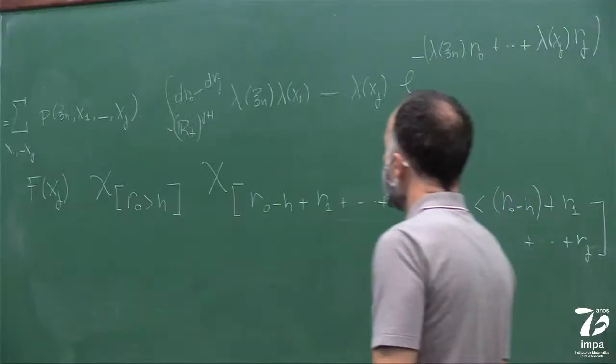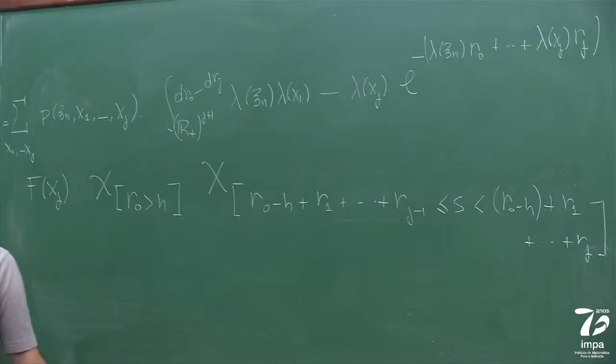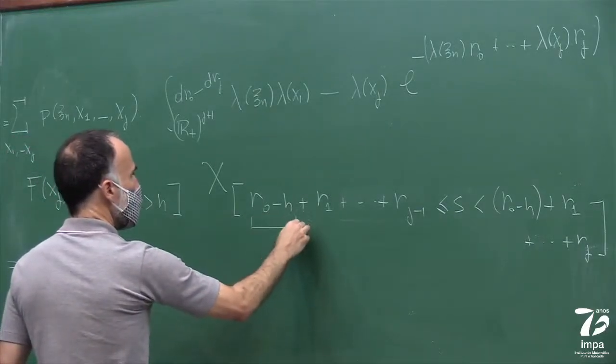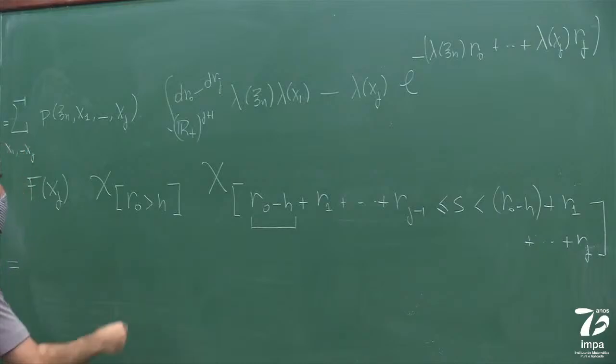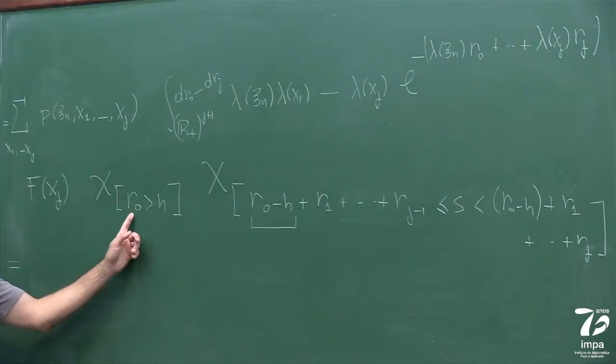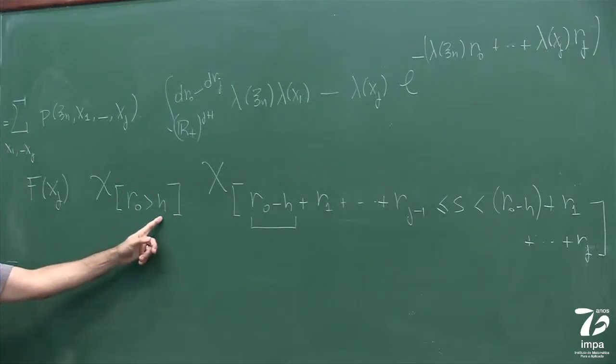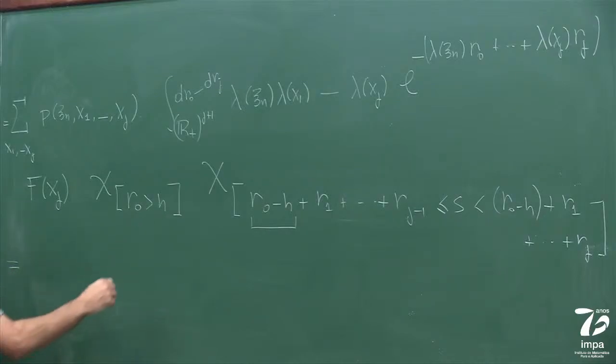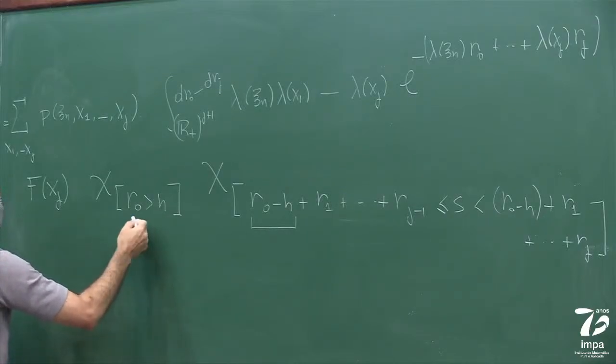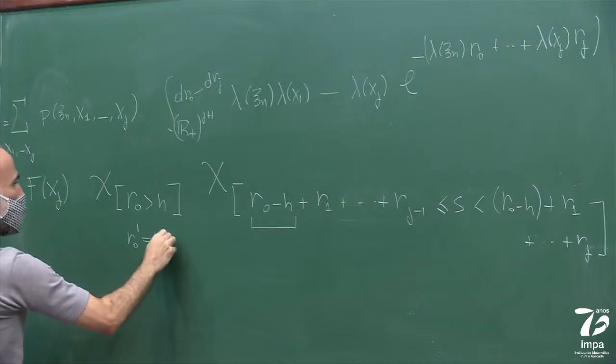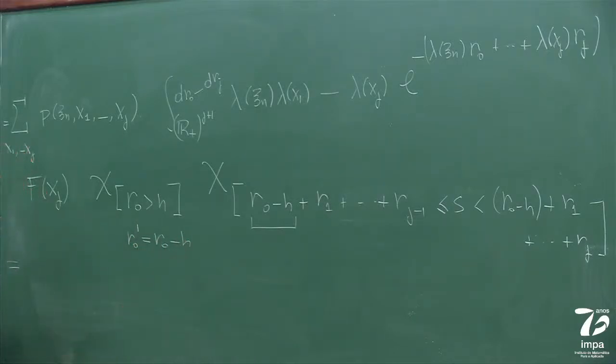Well, last change of variables. The variable R0 is integrated starting from h, not starting from 0. So let me define R0 prime as R0 minus h.